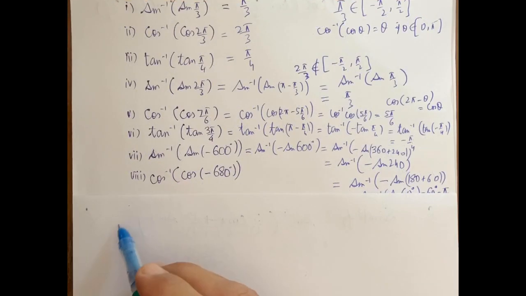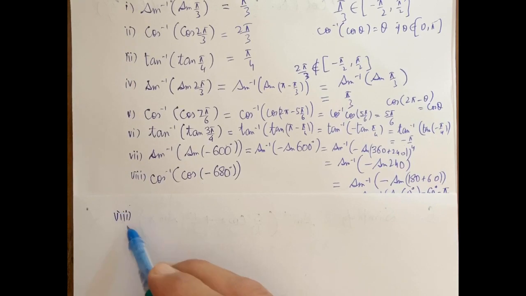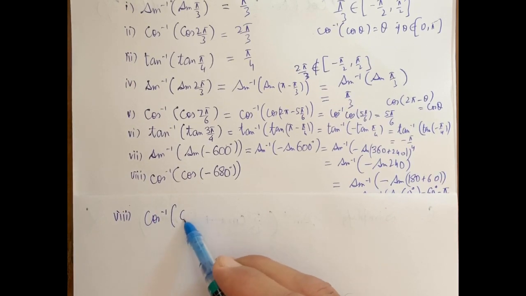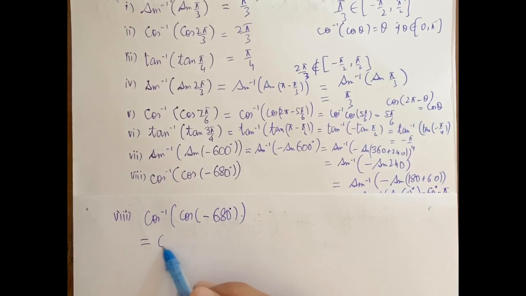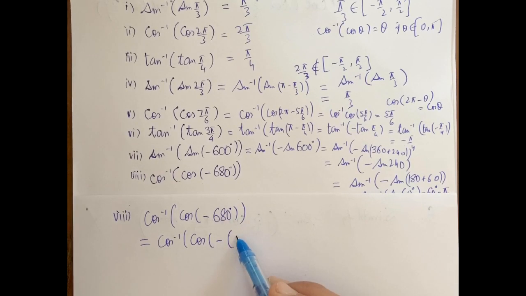Coming to the 8th part, we have cos inverse of cos of minus 680. 680 can be written as 720 minus 40. This is cos inverse of, now cos of minus theta is cos of theta, cos of 720 minus 40.